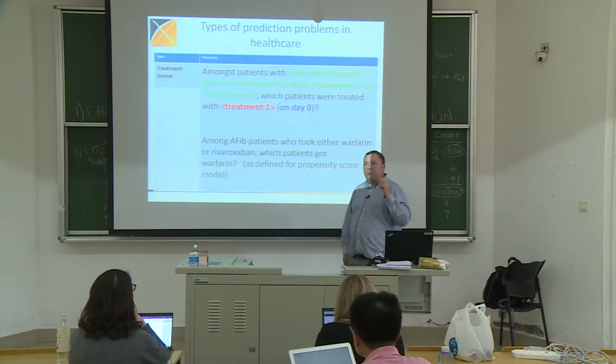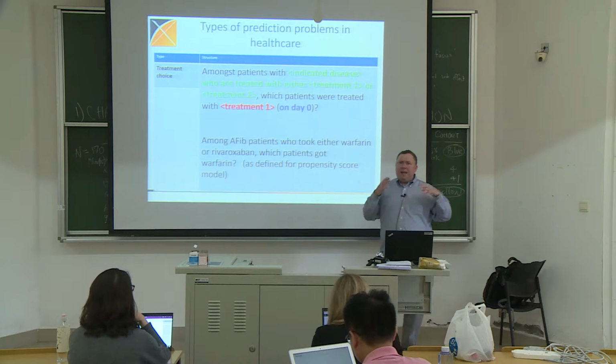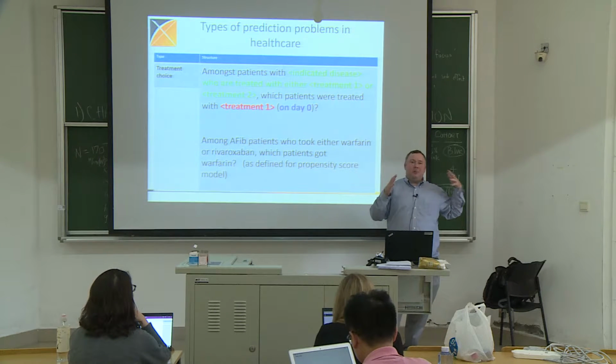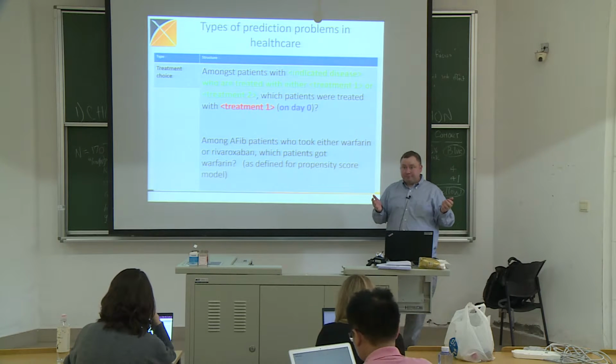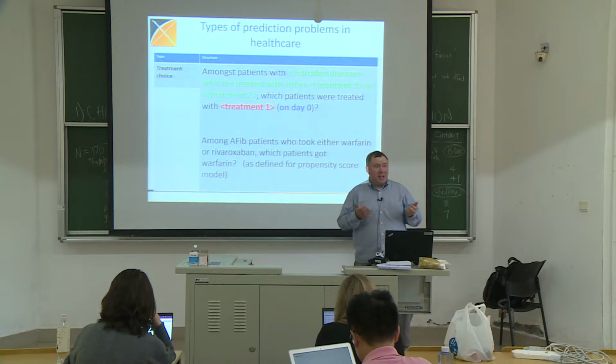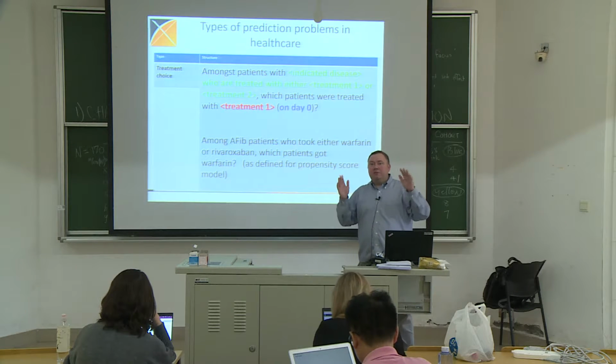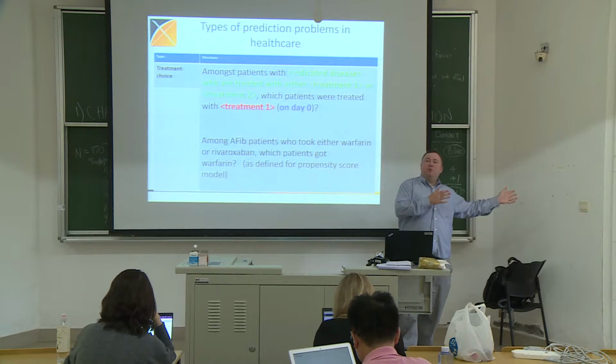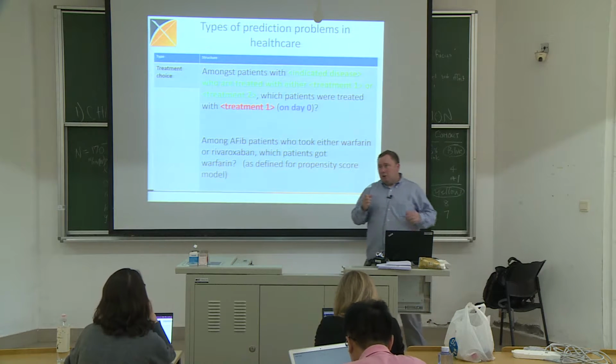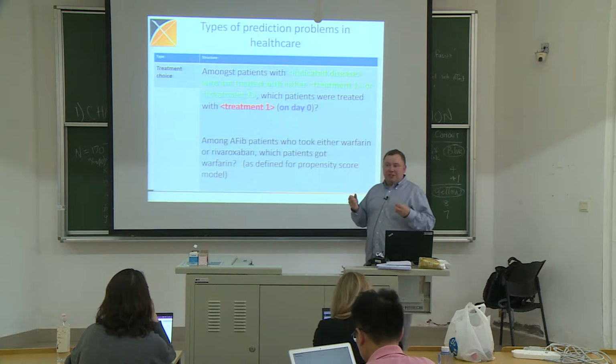Instead, it is simply predicting from patients who look like you in the past, which choice did they happen to make? And that can give you a sense of, given all of the prior patients' past choices, what is the likely choice that you would make?